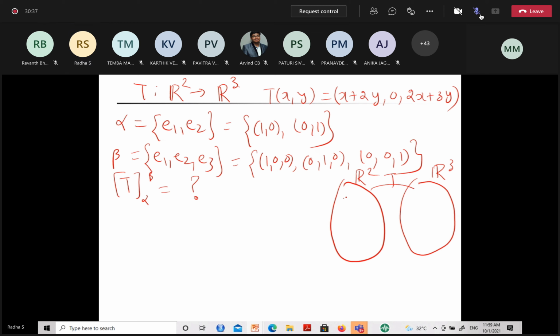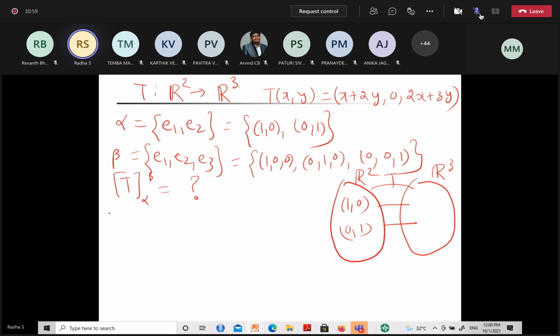So I'll take the image of 1, 0 and 0, 1. And I have to represent them as a linear combination of the standard basis here. Here they have given the standard basis, but whatever basis they specify, you have to do it for that.